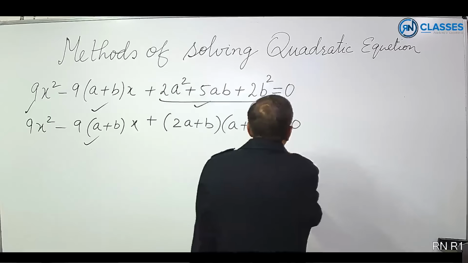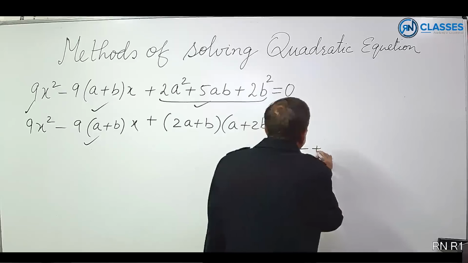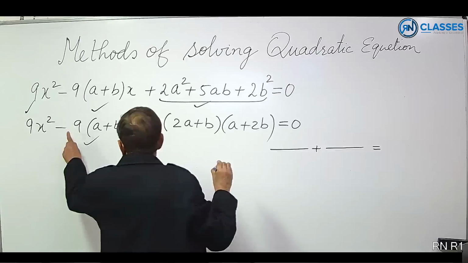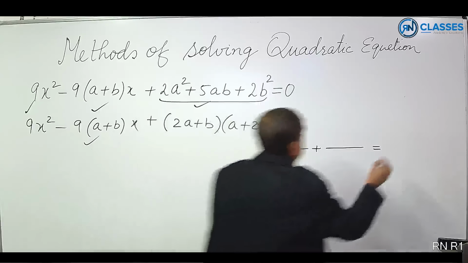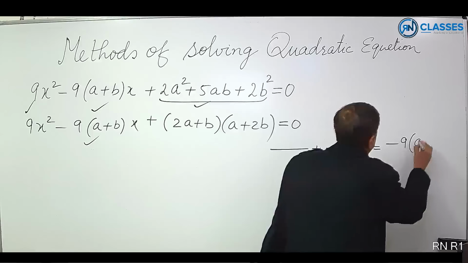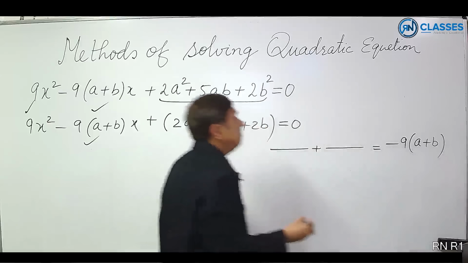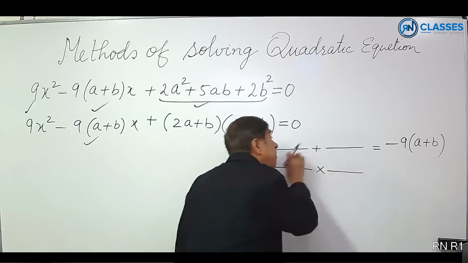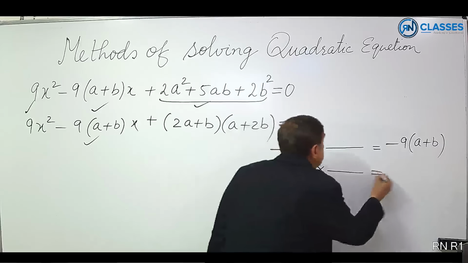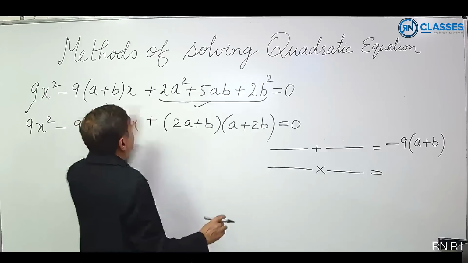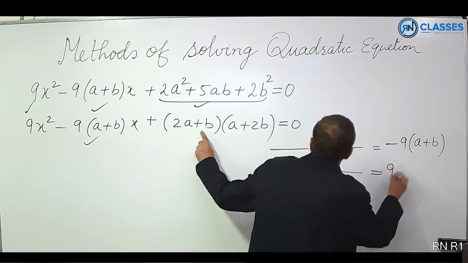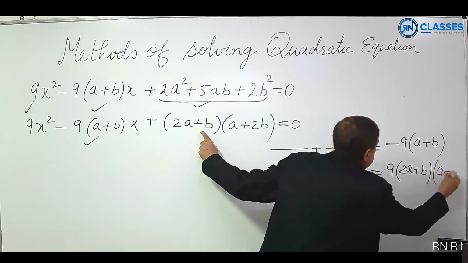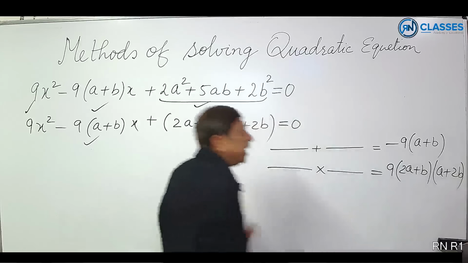We have to find two quantities whose sum is equal to minus 9 into a plus b, and their product of same two quantities is 9 into this expression, 9 into 2a plus b into a plus 2b. All right?